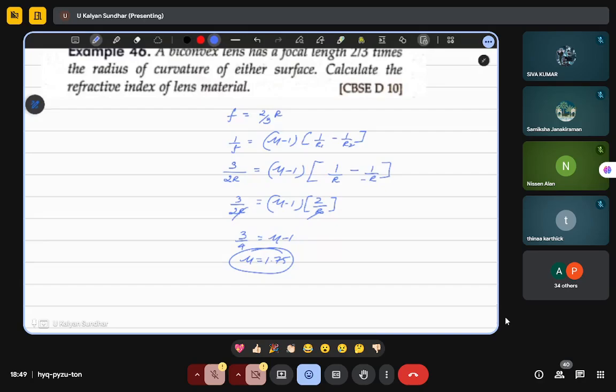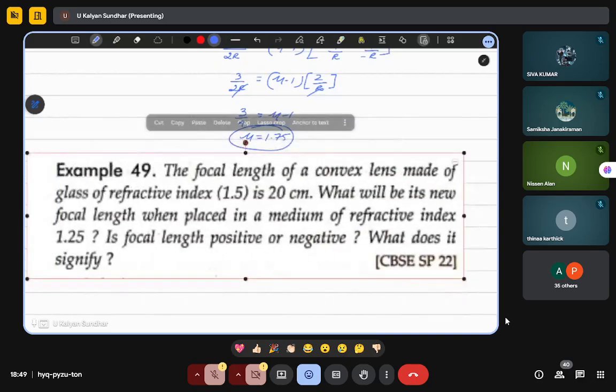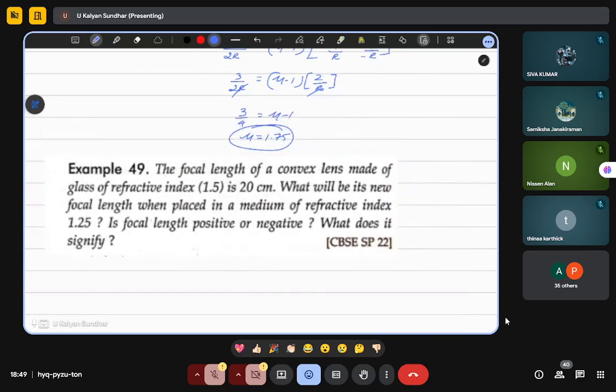Any doubts here? This question is from 2022. The focal length of a convex lens made of refractive index 1.5 is 20 centimeter. What will be its new focal length when placed in a medium of refractive index 1.25? Is the focal length positive or negative?